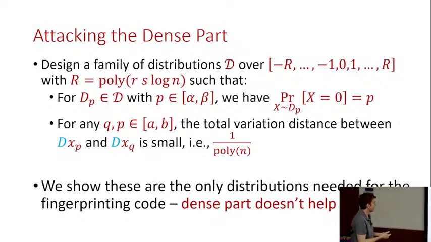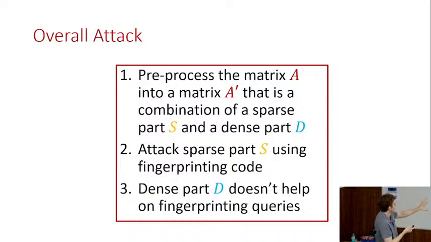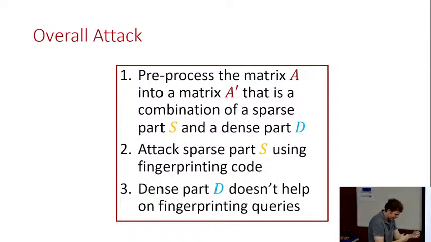Okay, so let me just skip this since we're running out of time. So how do we construct distributions to argue the dense part looks the same under two different distributions that typically have a different expected number of non-zero elements in a vector of length n.